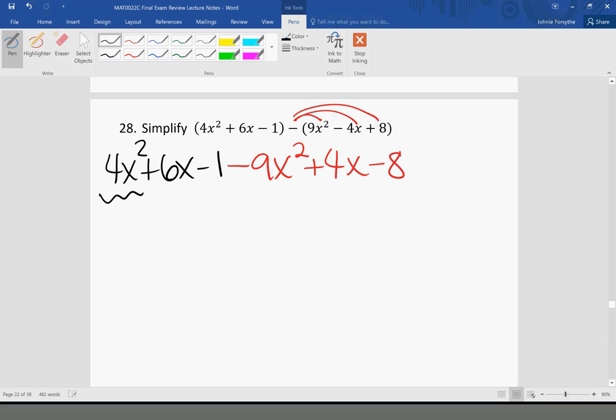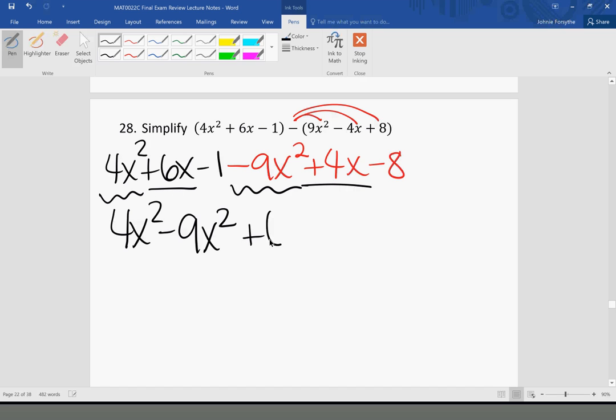So we've got 4x squared minus 9x squared. I'll just write them all together. Then we have 6x plus 4x. And then negative 1 minus 8. So 4x squared minus 9x squared, that's going to be different signs, so we subtract and take the sign of the larger number.